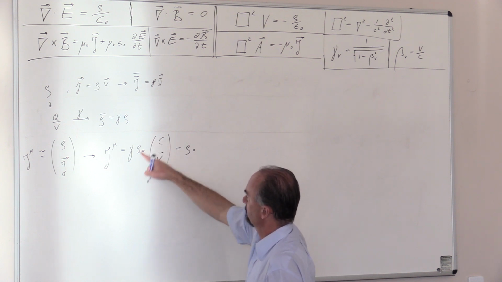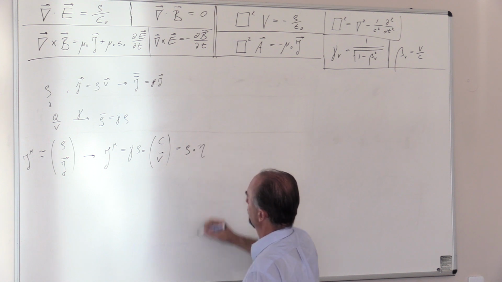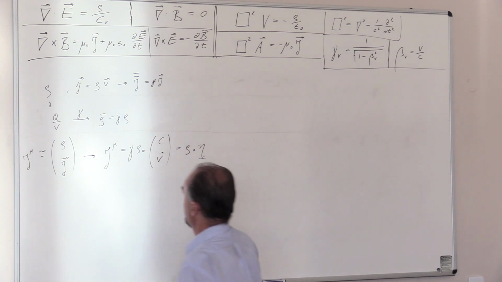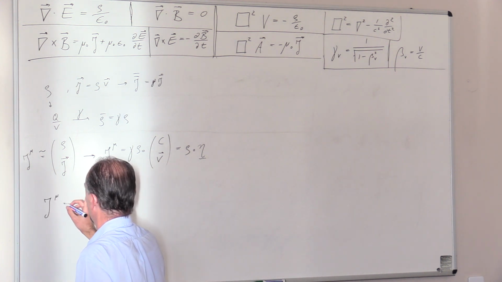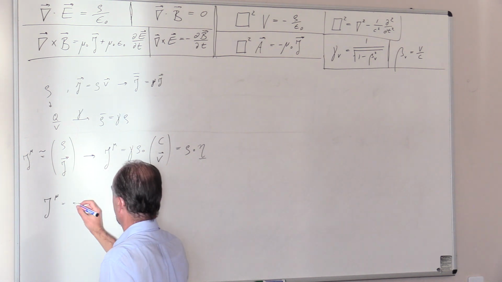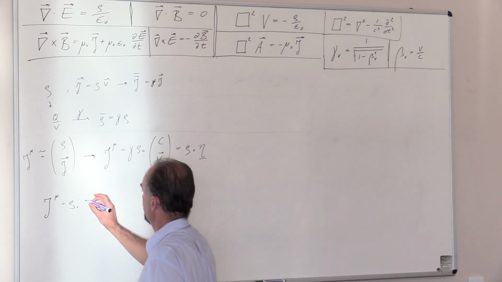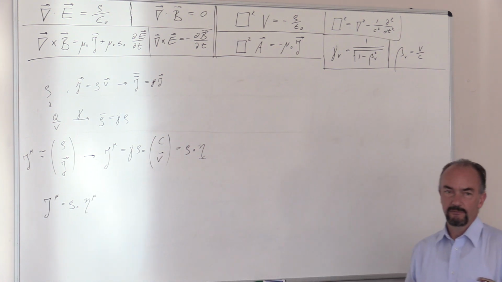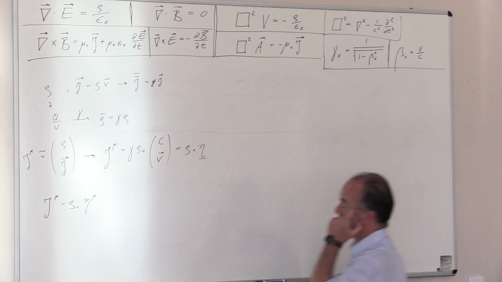And this 4-vector, gamma C and V, was our relativistic velocity vector eta, right? So we'll see that we can write J mu as a 4-vector: the rest charge density times the Lorentz 4-velocity eta.